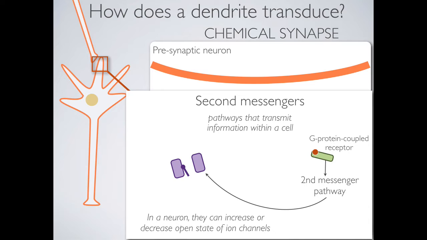Whereas if it tends to be hyperpolarized, it's going to require much more of a stimulus to activate that cell. Okay, so it's sort of like modulating the response to other stimuli by these long-term changes. And they can have a variety of other downstream effects. Okay, so again, second messengers is a little fuzzy, but I just want to introduce the notion that you can have these more complex long-term changes to the membrane potential.